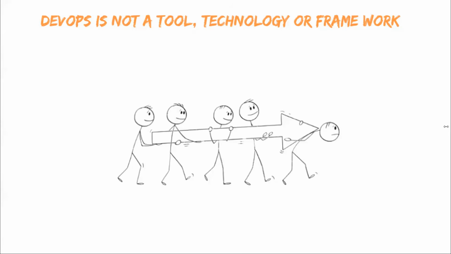Cloud is a technology, AML is a technology, blockchain is also a technology, but DevOps is never going to be a technology. It is a methodology which people follow to release the application very speedily. Clear now? Okay, fine.